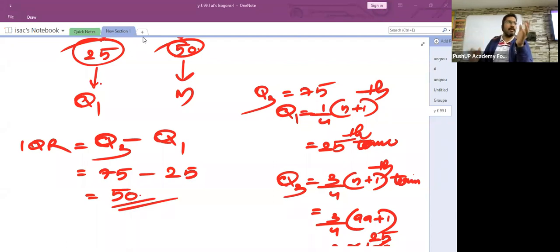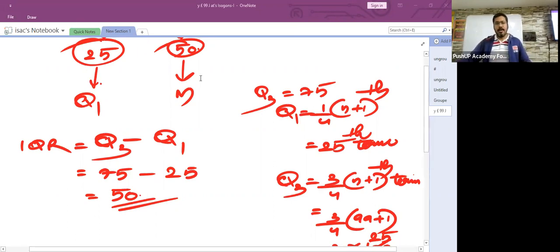And for commerce students, statistics will be one of the subjects. Even if it is optional, if you are taking statistics, this concept is going to be very helpful. So in class 11th, 12th, and even for BCom and MCom, you will have these topics in case you are taking statistics as one of your electives or optionals.